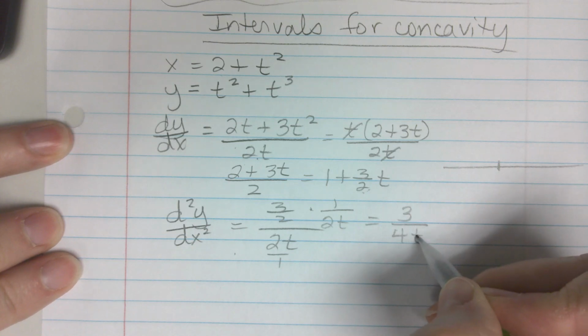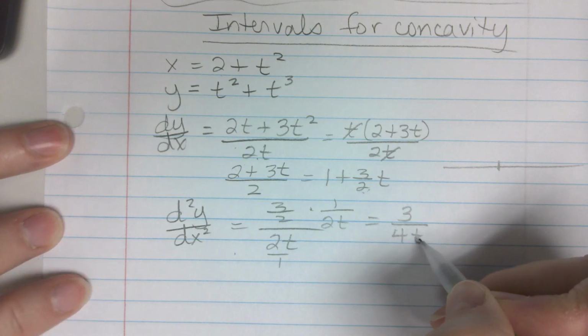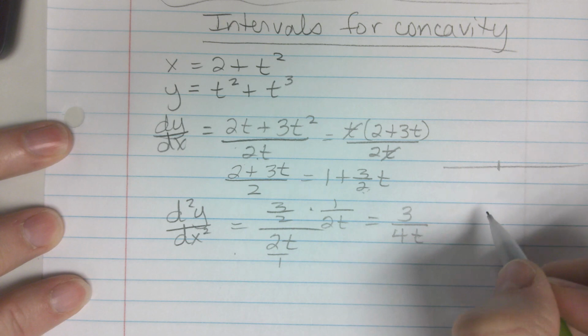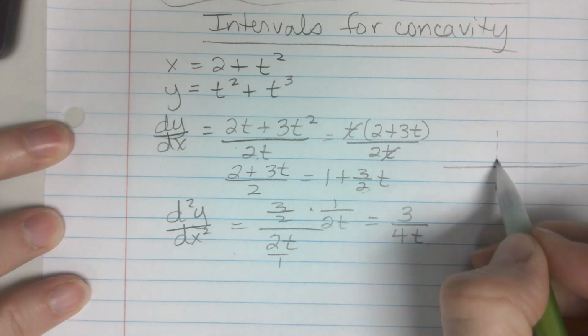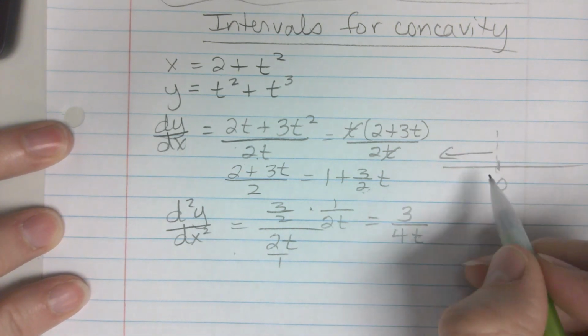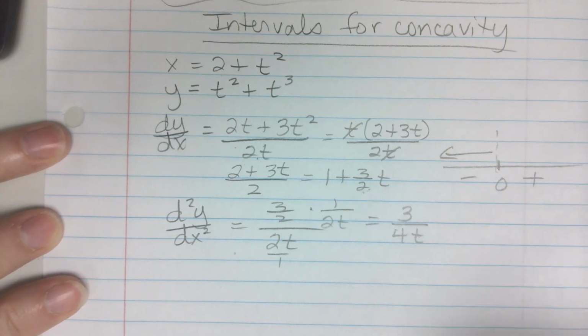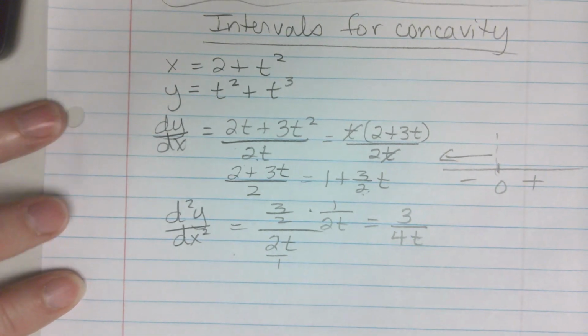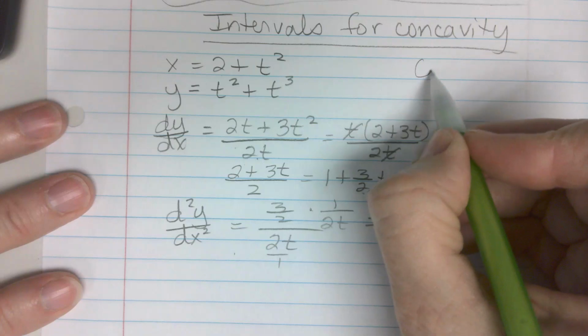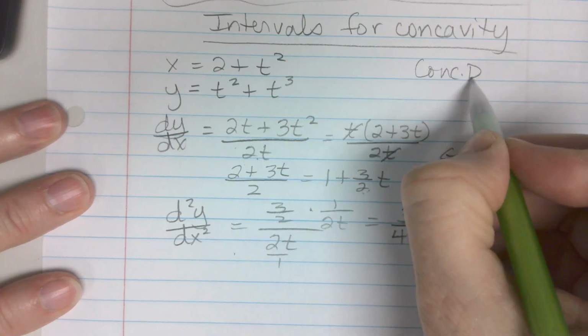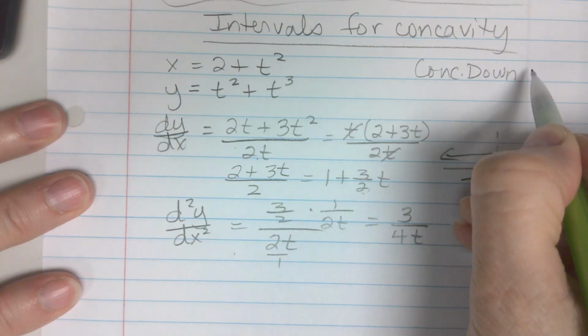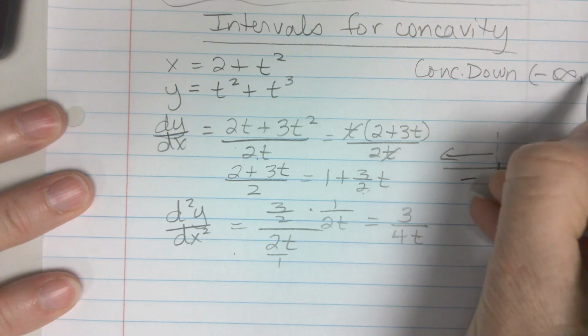The only place this will change signs is where? At 0? Yeah. And the negatives will be negative, and the positives will make this fraction positive, right? So we have concave down from where? And concave up.